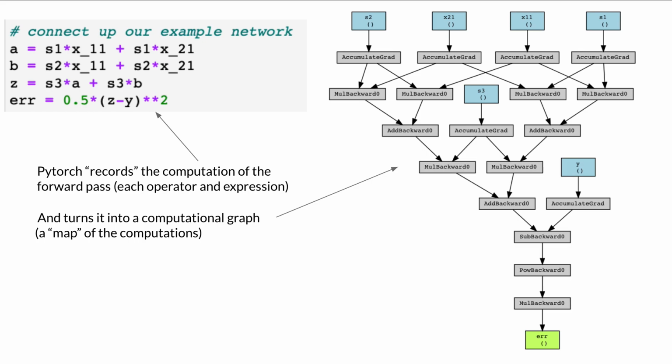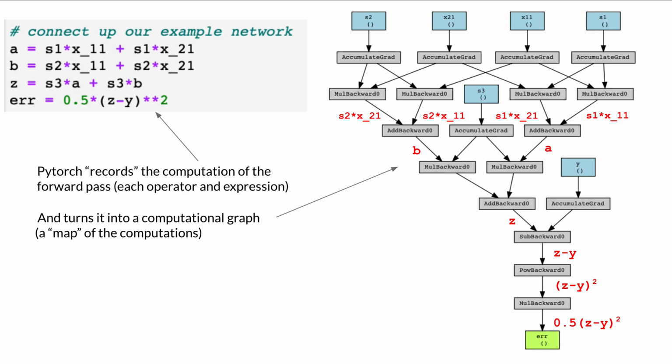We've printed out from PyTorch what this graph looks like, and you can see it somewhat represents the equation on the left in Python, but we can overlay it with our Pythonic expressions just to see how it does in fact concur. So ignore for a minute these strange names in the grey boxes like add backward 0, mul backward 0. We can just see generally that if we follow one of the paths down like S2, ignoring the accumulate grad, we can see it's put into a multiplier first.